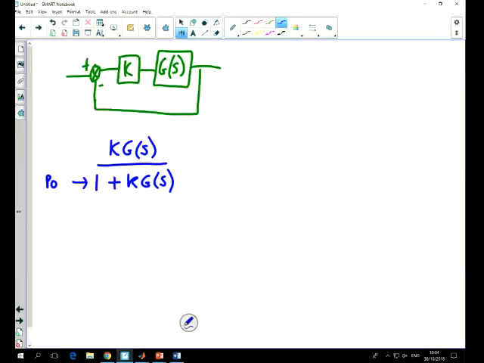So if we wanted to plot the closed loop poles of the system, we could plot the values of 1 plus kG(s) as k varied, and that would give us all the possible poles for all the different values of k. Now, in fact, we actually don't need to bother with the 1 because it's just a small number. It doesn't really come into it much. So what we're actually going to plot is the poles of kG(s), yeah? And we can do that on our root locus plot.